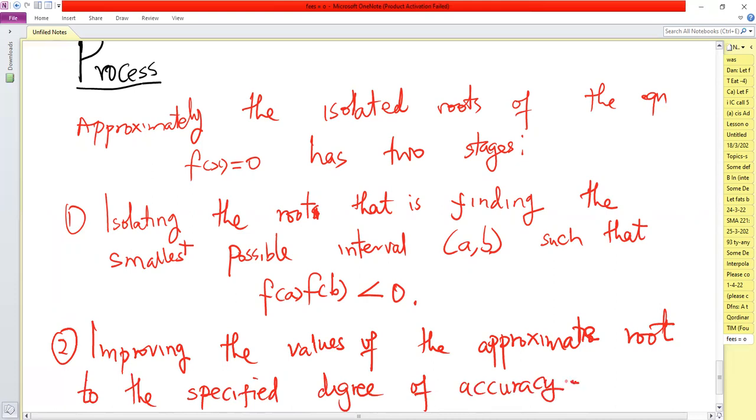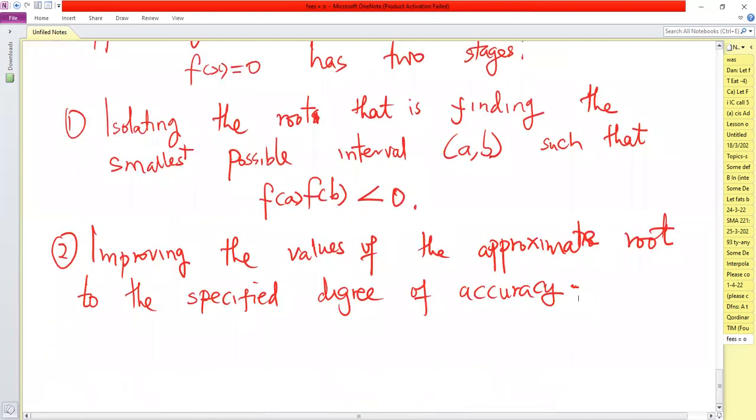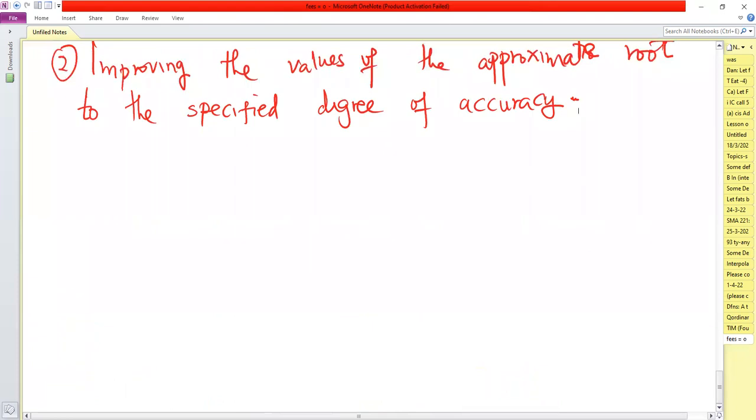So that's the second step. Improving the values of the approximate root to the specified degree of accuracy is now what leads us to stating the different methods of doing the approximation.